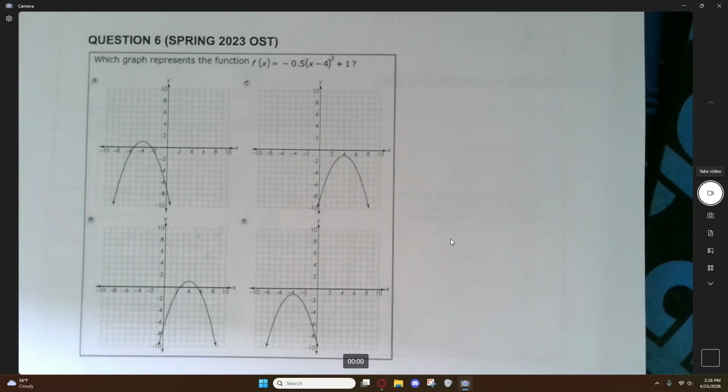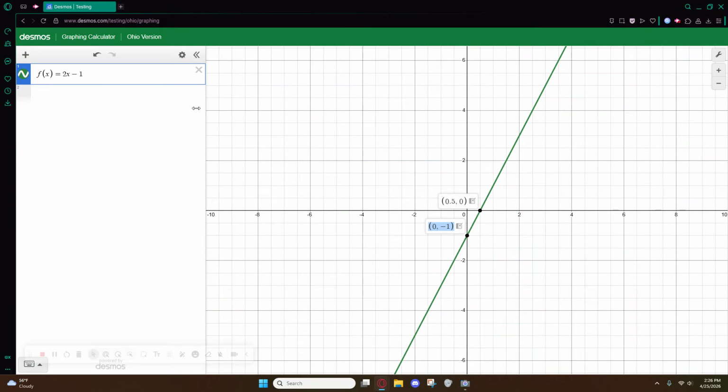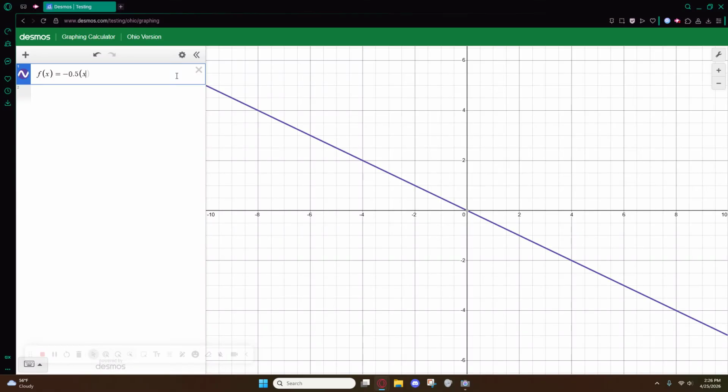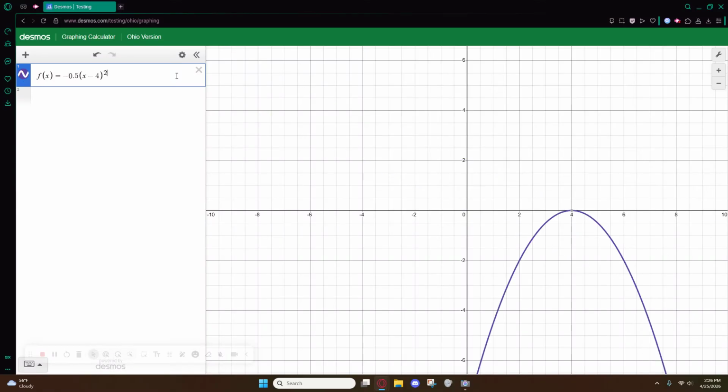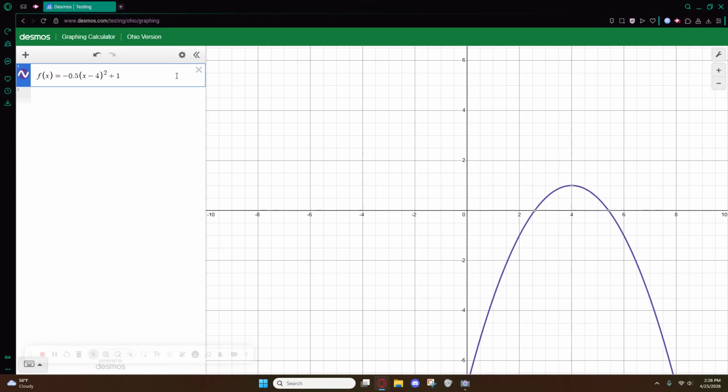And we're going to use this same logic for this last question. Which graph represents the function f of x equals negative 0.5 times x minus 4 squared plus 1? Okay, so what can we tell?